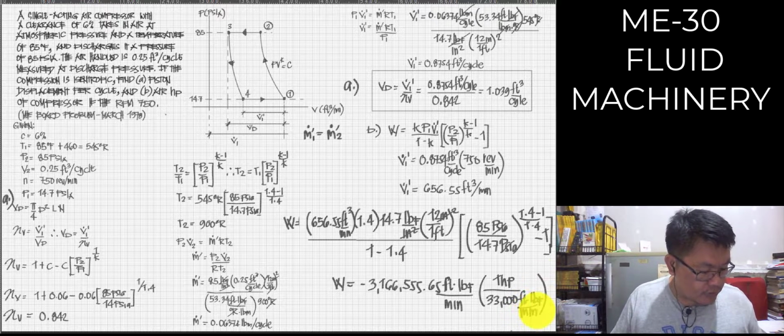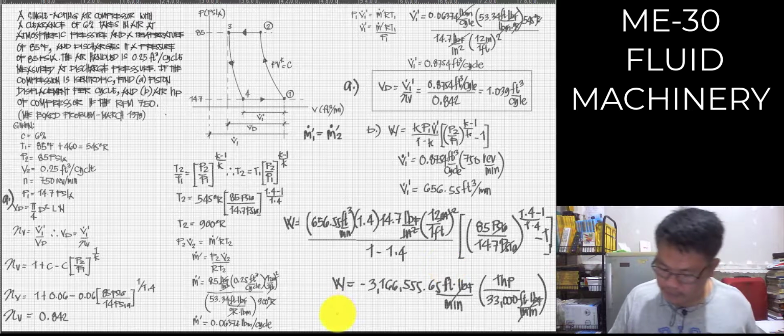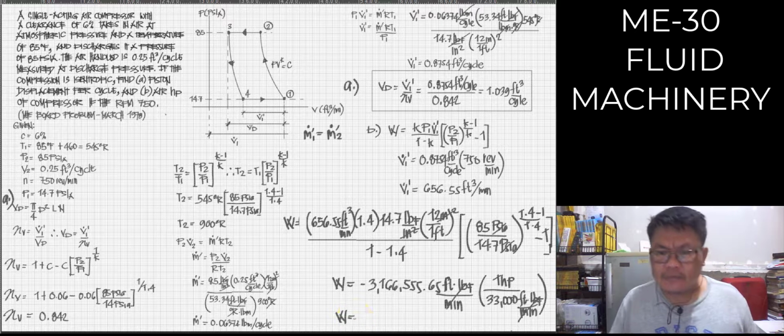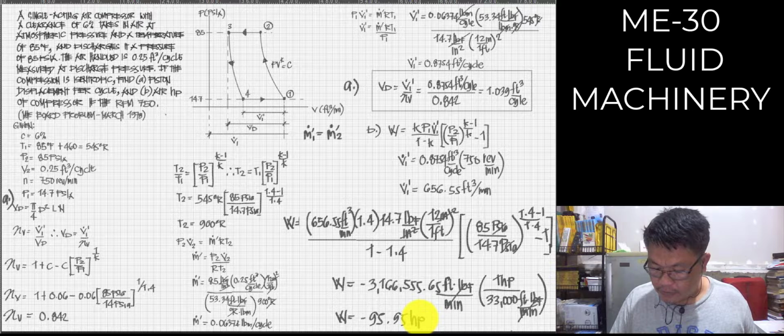So cancel the units, and finally we have our horsepower, which equates to negative 95.95 horsepower. That is the answer for the problem.